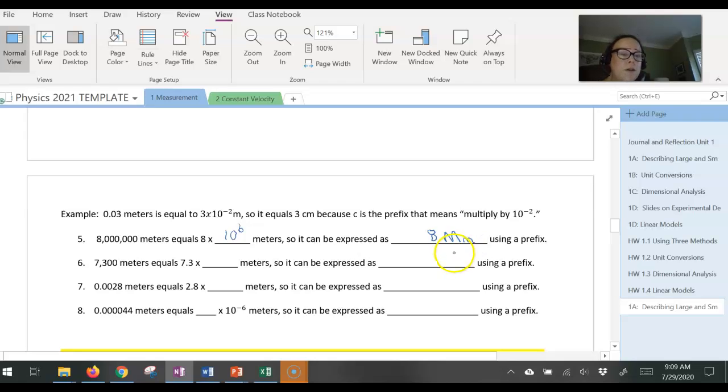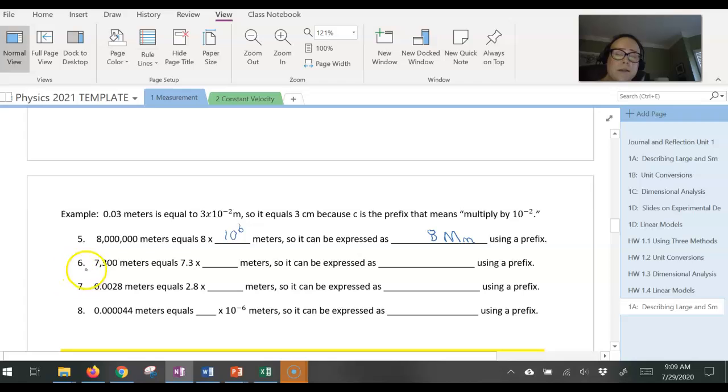Notice how I'm being very careful to make my mega an uppercase M and the symbol for meter a lowercase m. That's because there are distinct meanings for a prefix that's the uppercase M and the prefix that's the lowercase m. And in this case, I need mega, which is uppercase M.